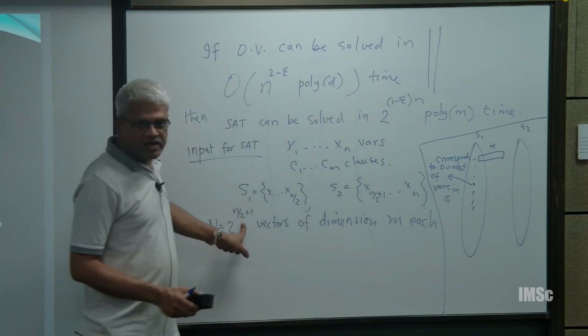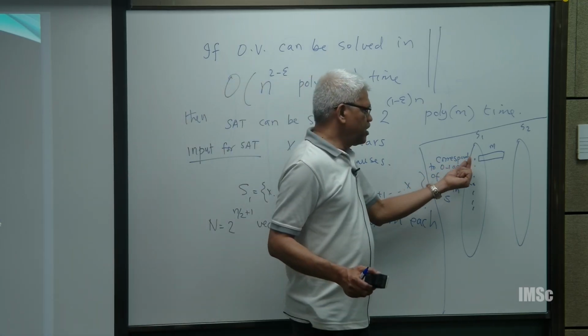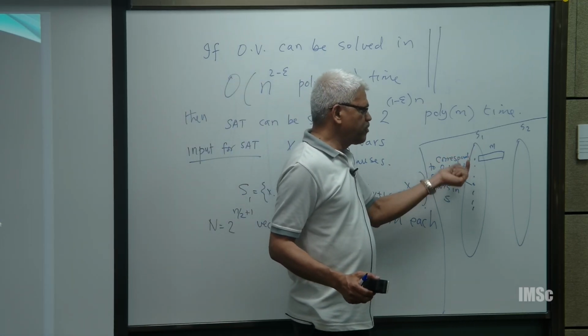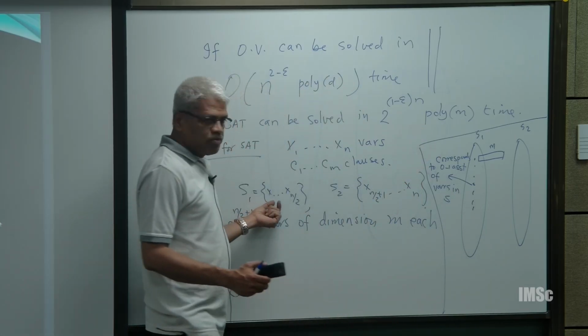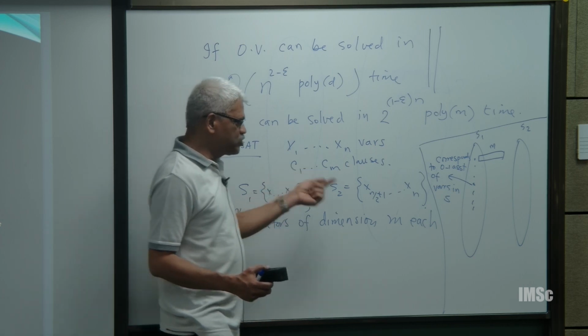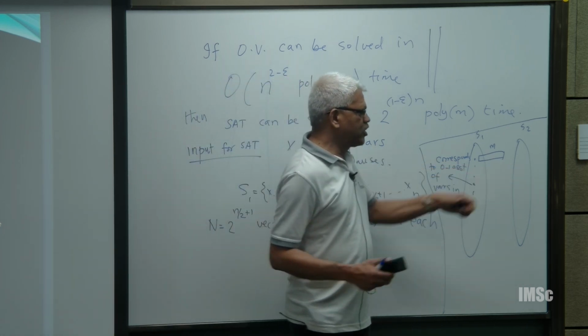I said the number of such vectors is 2 power n by 2 plus 1. For every 0 1 assignment, how many assignments are there? Because there are n by 2 variables, there are 2 power n by 2 assignments. For each one in S1, I will construct a vector. Similarly, I will do it here for S2.